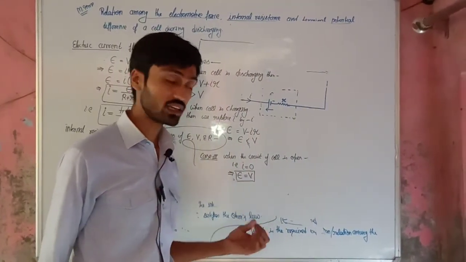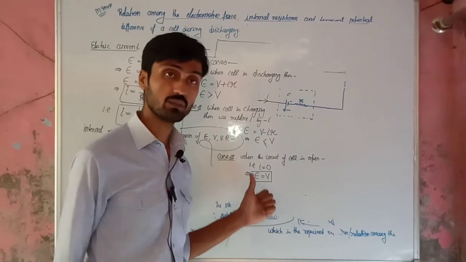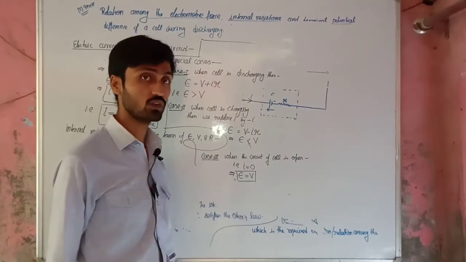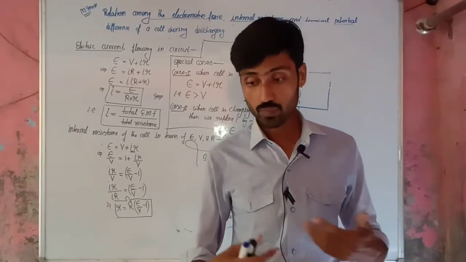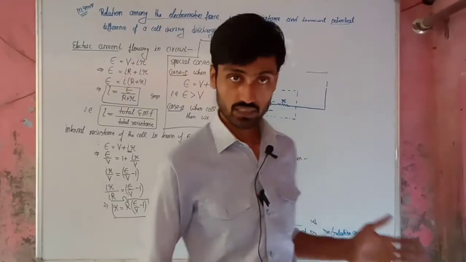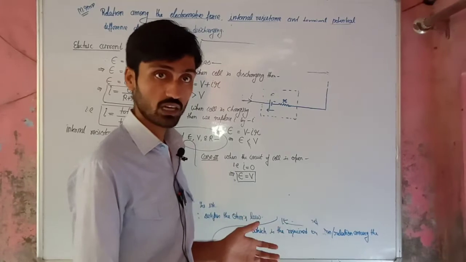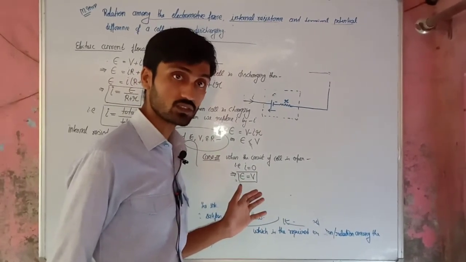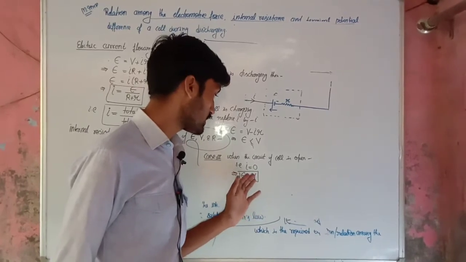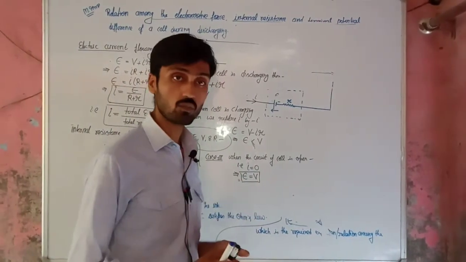Then in that case, the potential difference will be equal to the electromotive force. So in the next topics, we will try to make such a system in which the current is 0.